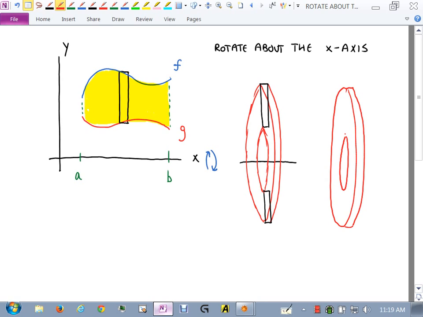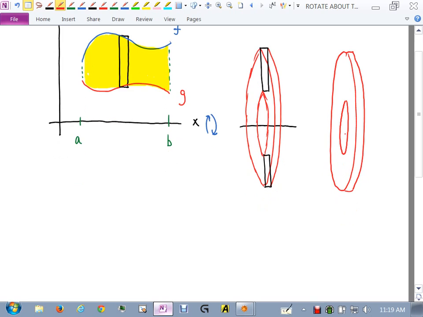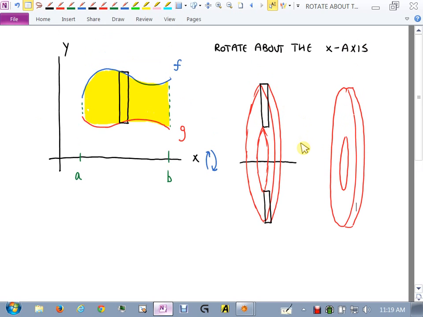Now, tell me about the volume of this washer. Well, we need to know a couple of things, don't we? We need to know an outer radius, we need to know an inner radius, and we need to know its height. So let's talk about the outer radius first. What's the outer radius?